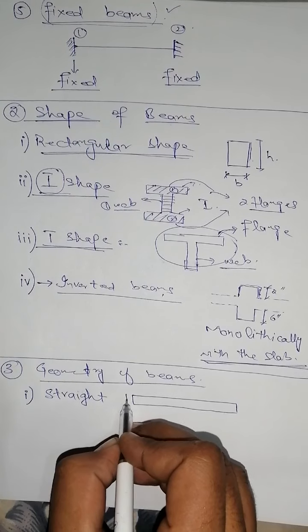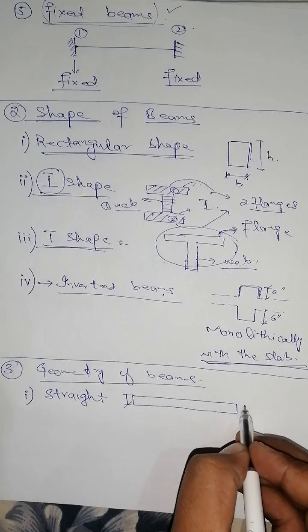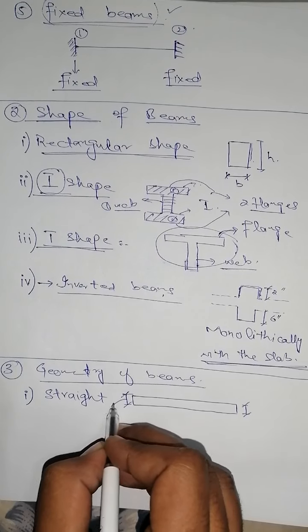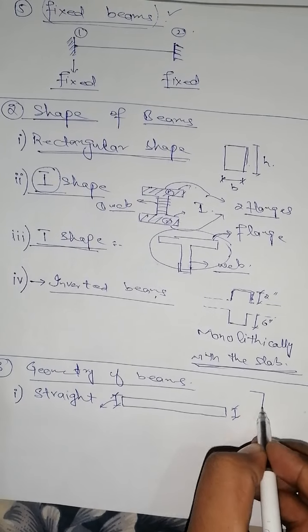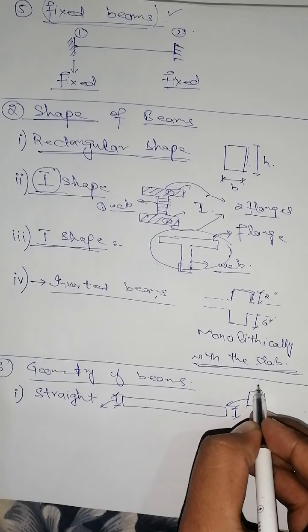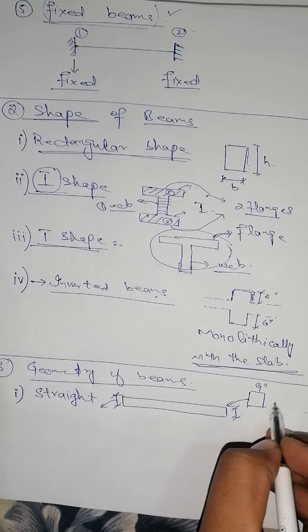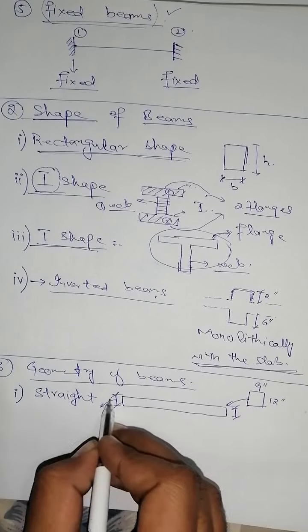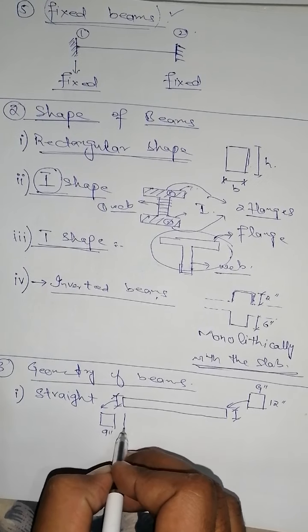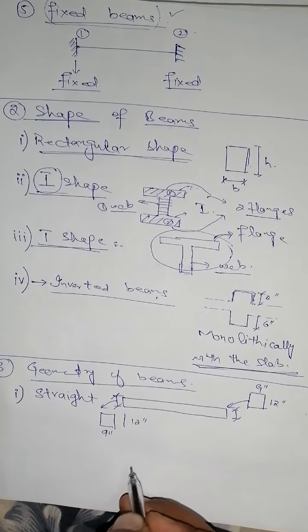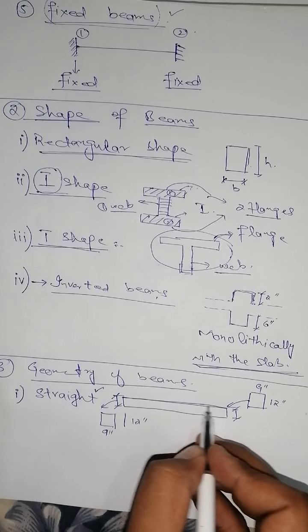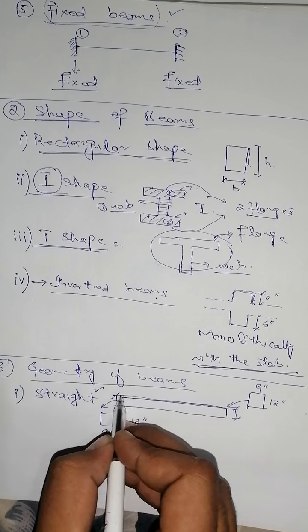Continuous means it will have same section parameters on both sides. If at this end it has 9-inch breadth and 12-inch height, then at this end it will also have 9-inch breadth and 12-inch height. So this is known as a straight member. There is no change of section along the whole length of the beam.